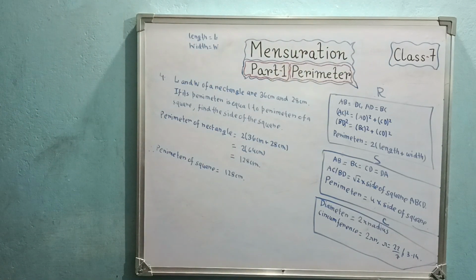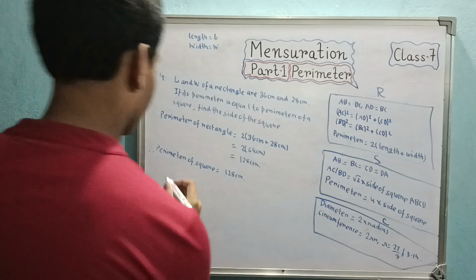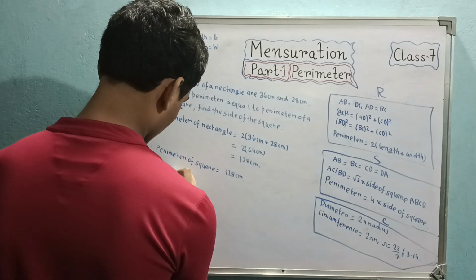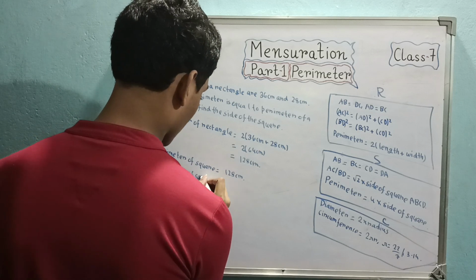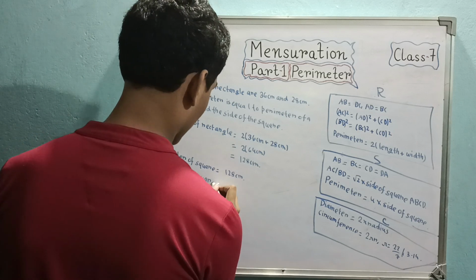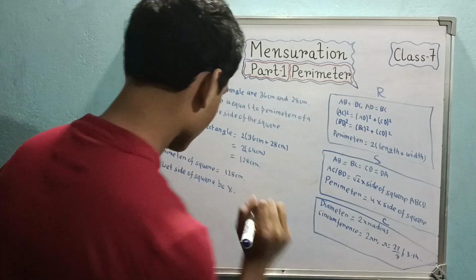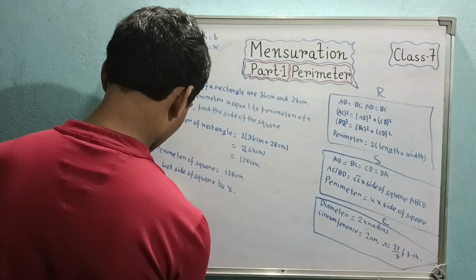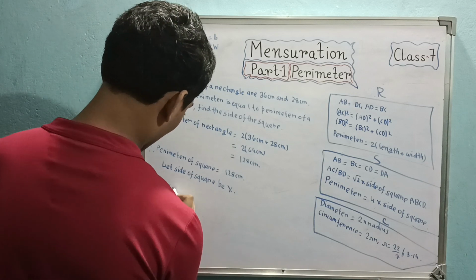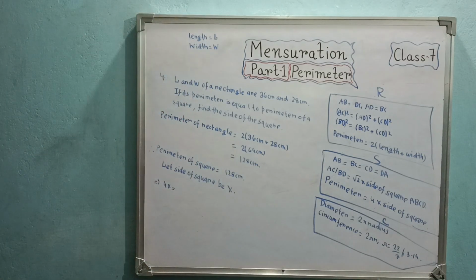Let the side of the square be x. We don't know what it is, we will soon know. The perimeter formula for a square is 4 into side of square, so here it will be 4x. Or 4 into x equal to the perimeter of the square, which we know is 128 centimeter.